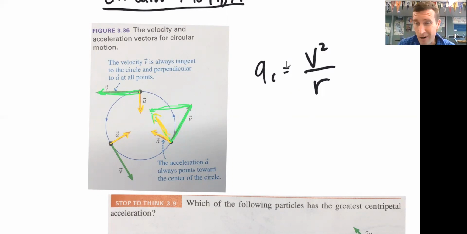Now, these two are kind of too far apart, so really the angle should be right here towards the center like they're drawn. So based off of that, I can find the equation for centripetal acceleration.